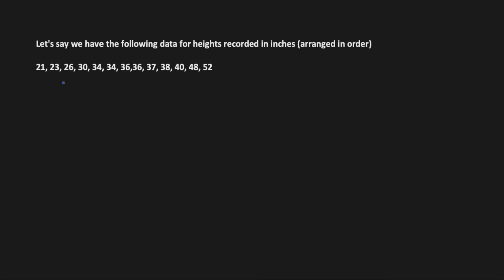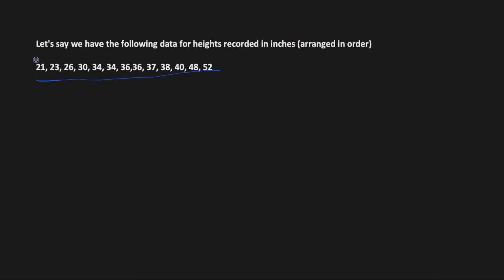Let's say we have the following data set, which is heights recorded in inches, and it's arranged in order. In case the given data set is not arranged in order, the first step would always be to arrange it from the lowest data to the highest data. So the first step when plotting a box and whisker is to arrange the data.